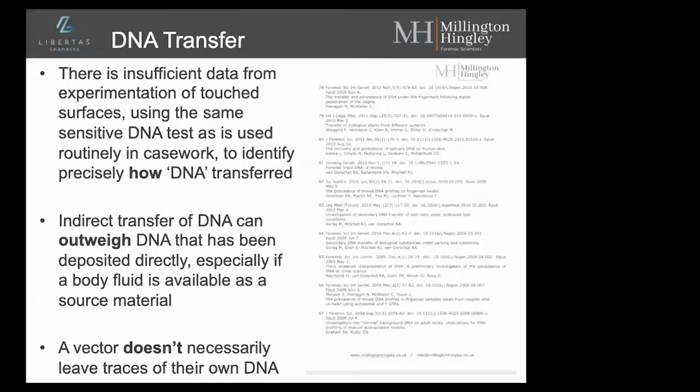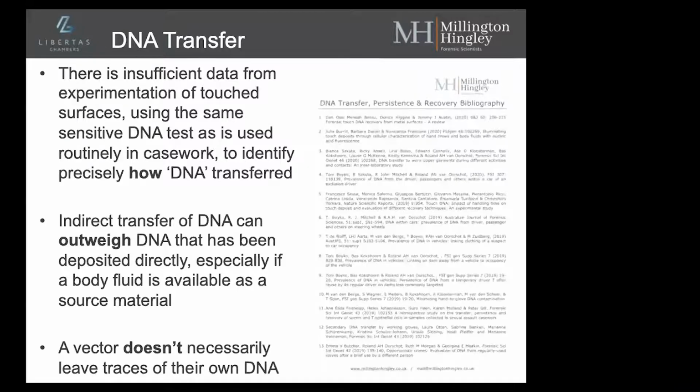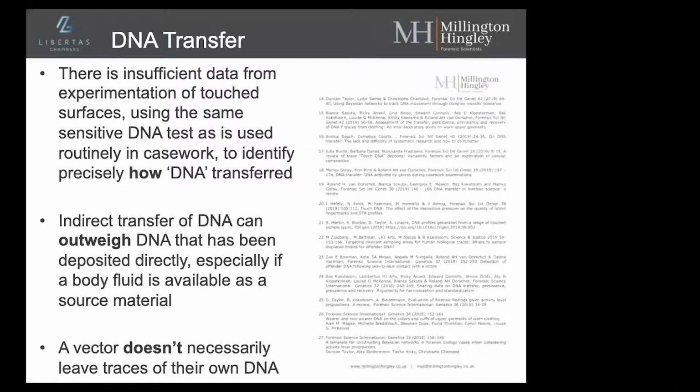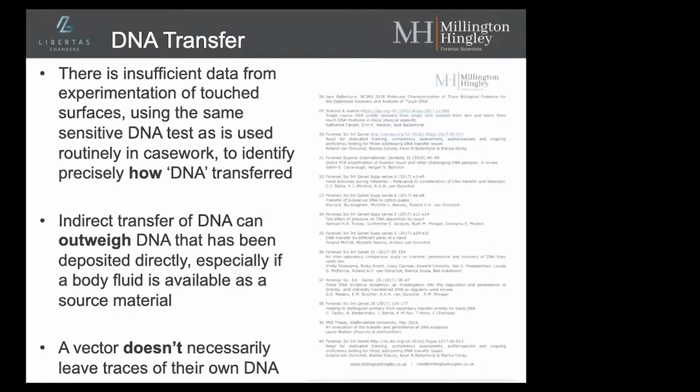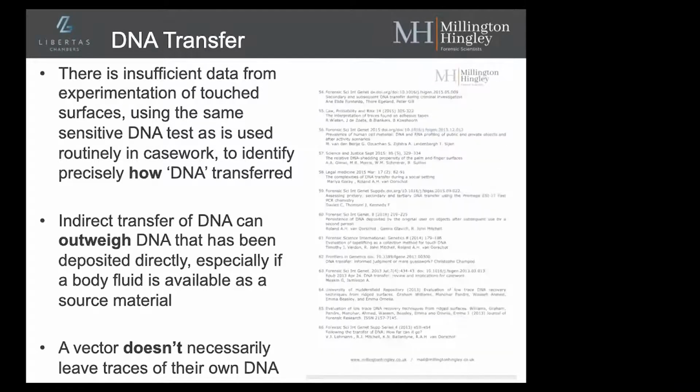It is not inevitable that they will leave their own DNA, and therefore not detecting their DNA doesn't mean they didn't transfer the DNA of another person. So it becomes exceptionally complicated. And I asked myself, are the jury going to get this? Because it is a real tricky area.